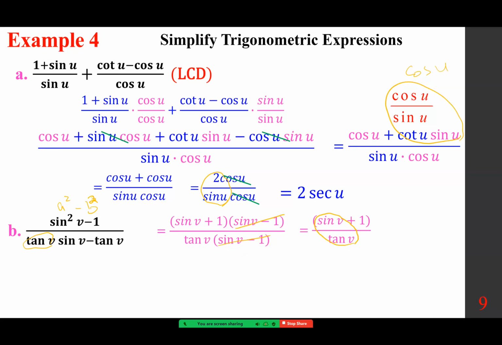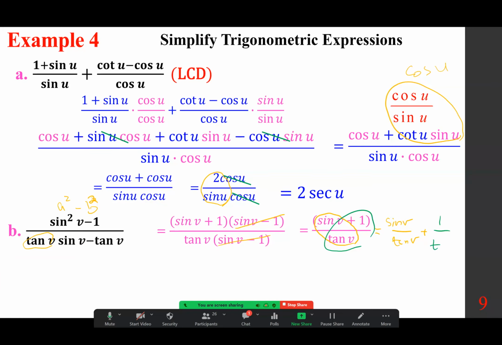We can write this one as sine v over tan v plus the second part as 1 over tan v.